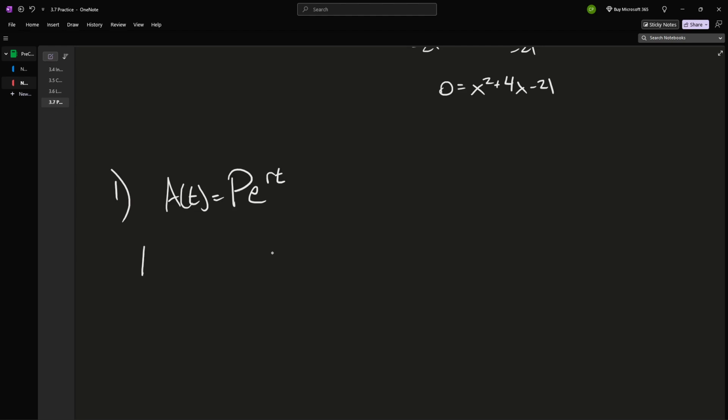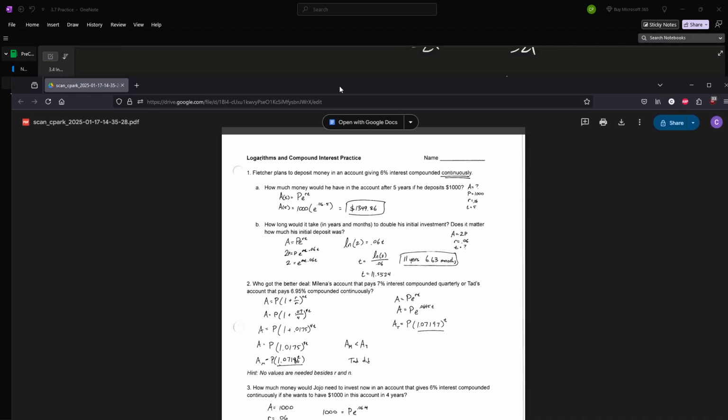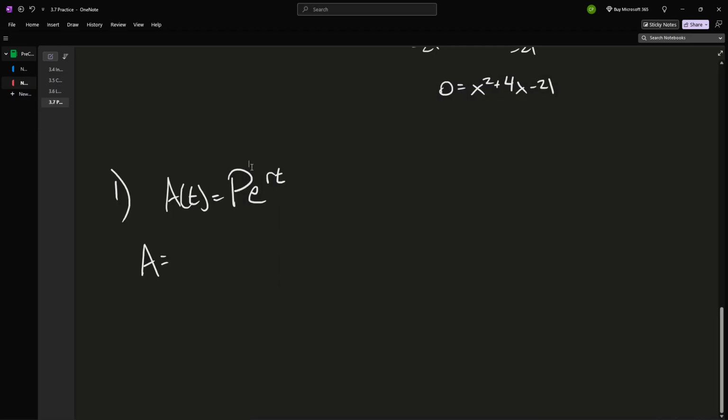And now I just label everything. What is A? The question is asking me how much money he would have. That is either A or P. And P is my initial. A is my final. So A is what I need to find. So A is unknown.